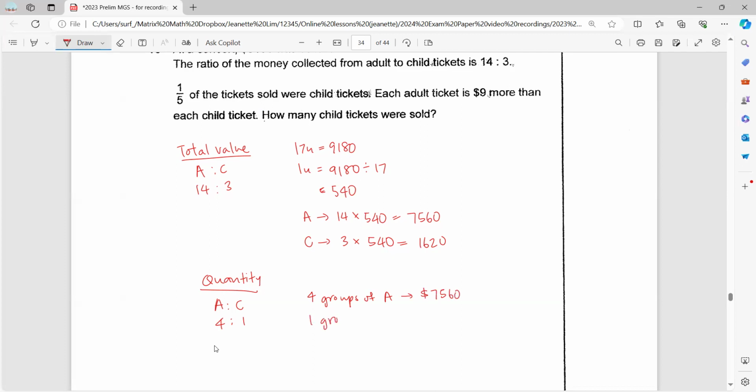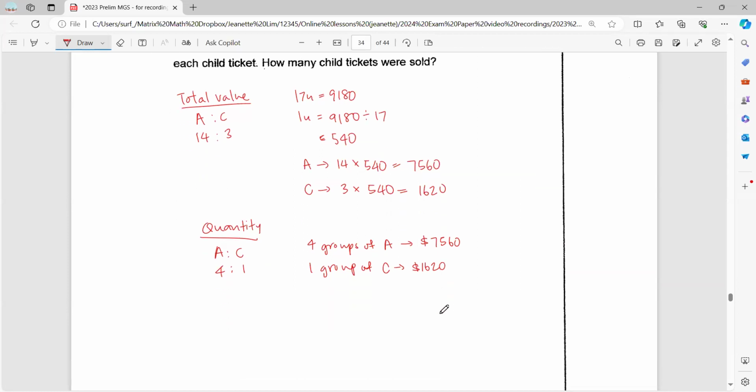One group of C is this. So now you imagine the number of adults is actually 4 times. So we call it 4 groups. Whereas the children is like there's only 1 group. So with this amount, I want to compare 1 group of adults versus 1 group of children so that the number of adults and children that we compare is the same.